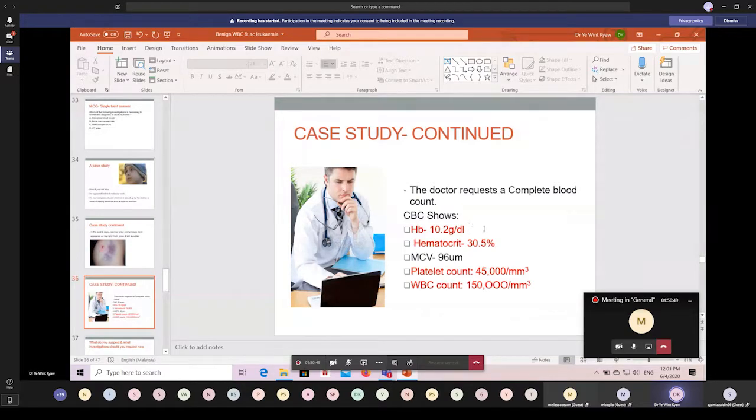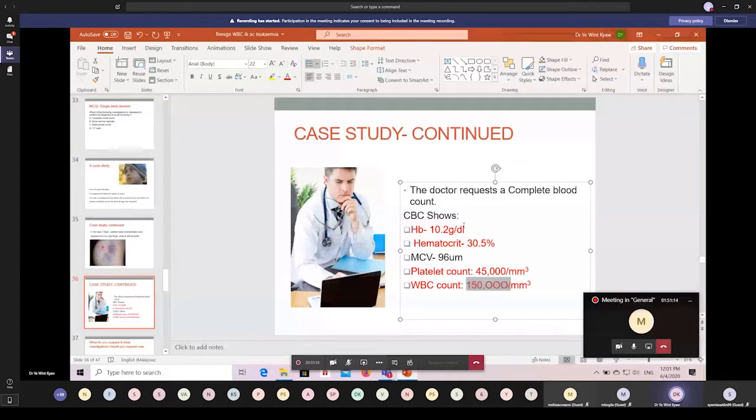you should know the normal first. How much is the normal you can see from here? How much is normal MCV? Not important here. How much is the normal platelet count? So what can you do? Analyze these lab results. Interpret.